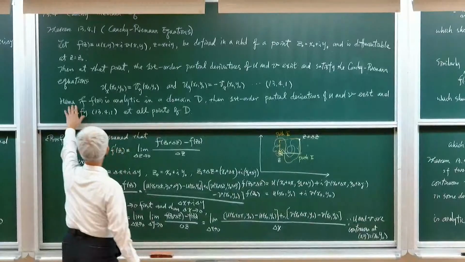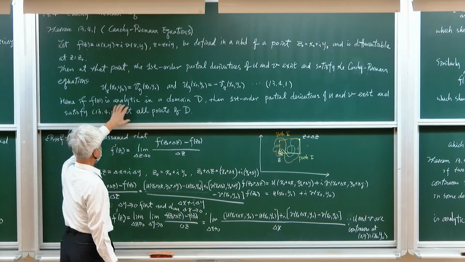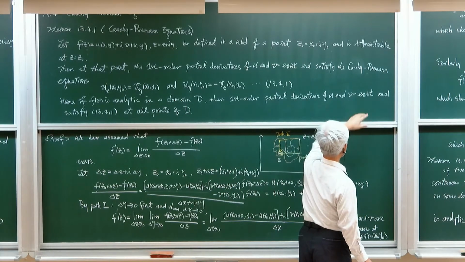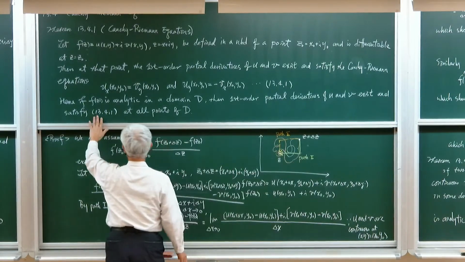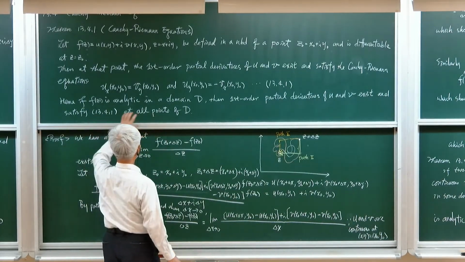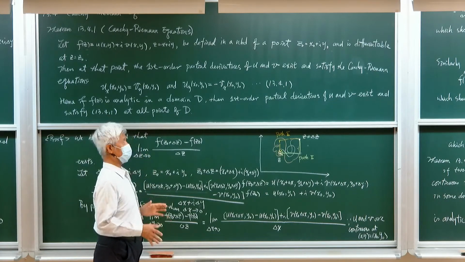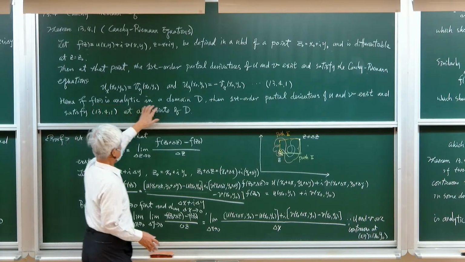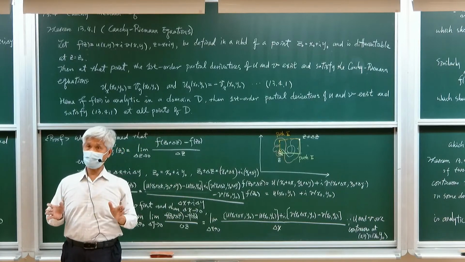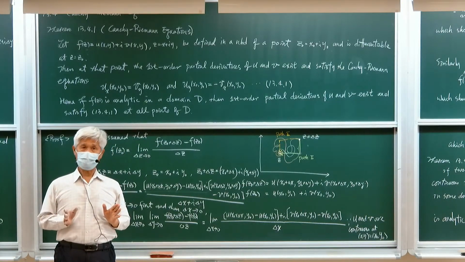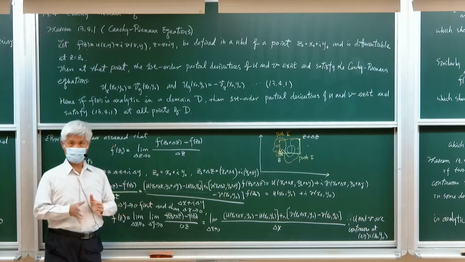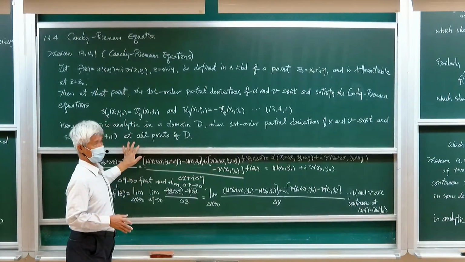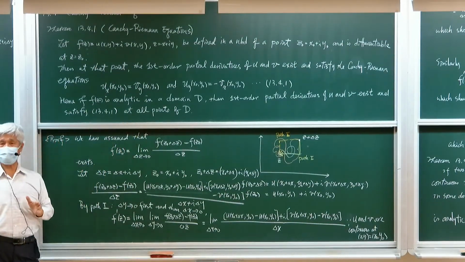If f(z) is analytic in a domain D, then the first order partial derivatives of u and v exist and satisfy the Cauchy-Riemann equations. And as we know, if f(z) is analytic in a domain D, then the complex function is continuous at every point in D, so that its real and imaginary parts are continuous functions at every point in D.